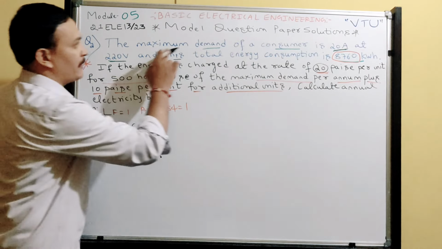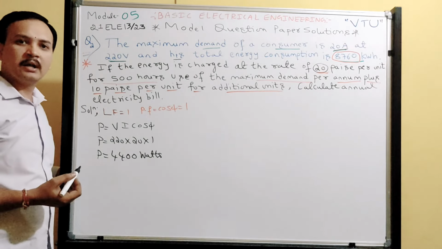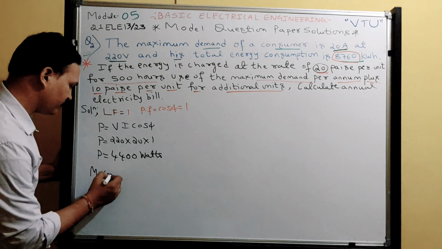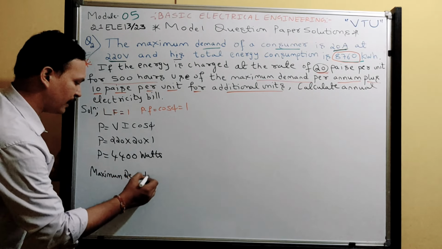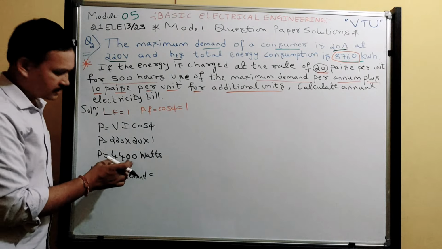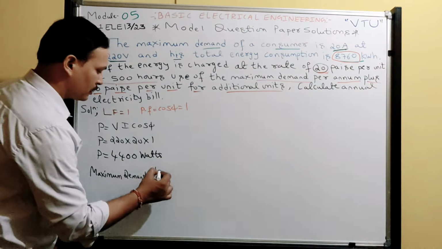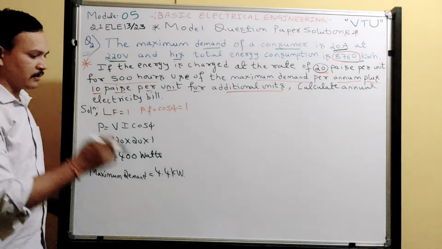Why? Because the maximum demand current is 20 ampere and voltage is 220 volts. So therefore we can write maximum demand. I am writing these 4400 watts in kilowatts, so we get 4.4 kilowatt. So this is the maximum demand.